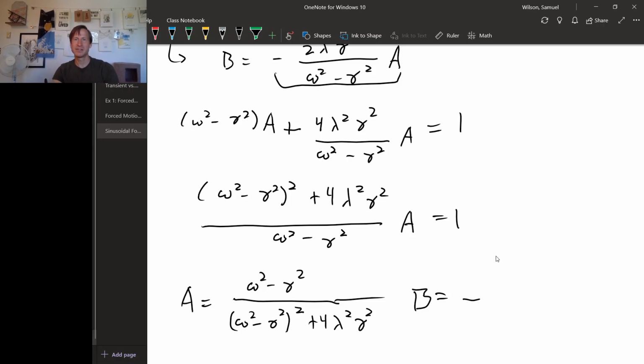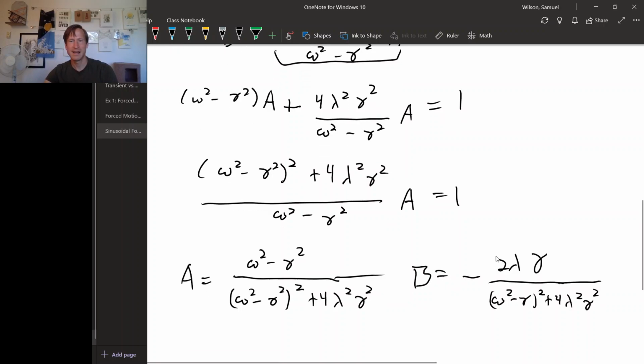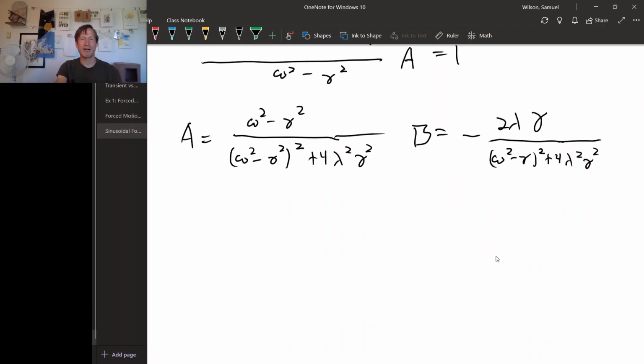You get minus 2 lambda gamma over omega squared minus gamma squared squared plus 4 lambda squared gamma squared. So our particular solution is this big mess for A times sine gamma t plus this big mess for B times cosine gamma t.